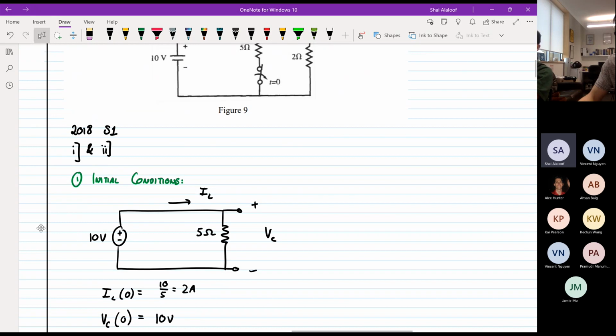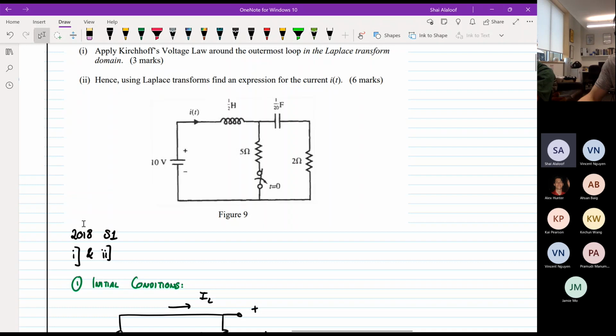Because the initial conditions, I just had it as a 10-volt source. That's really weird. I think this will work once we start doing the analysis.